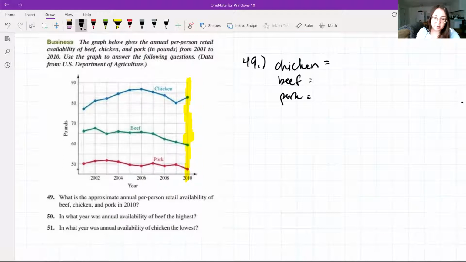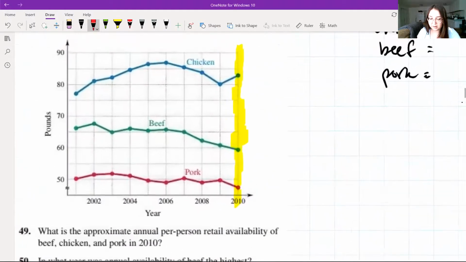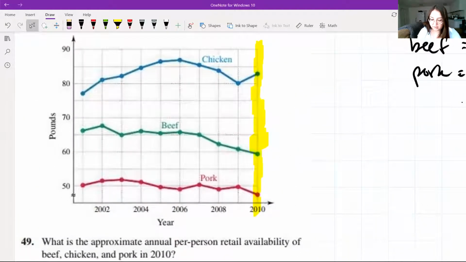What we can do is, we see pork here. Let's zoom in. We see pork, and it's some value over here, kind of far away from the numbers on our axis, so let's make it a little easier and draw a line as straight as we possibly can.